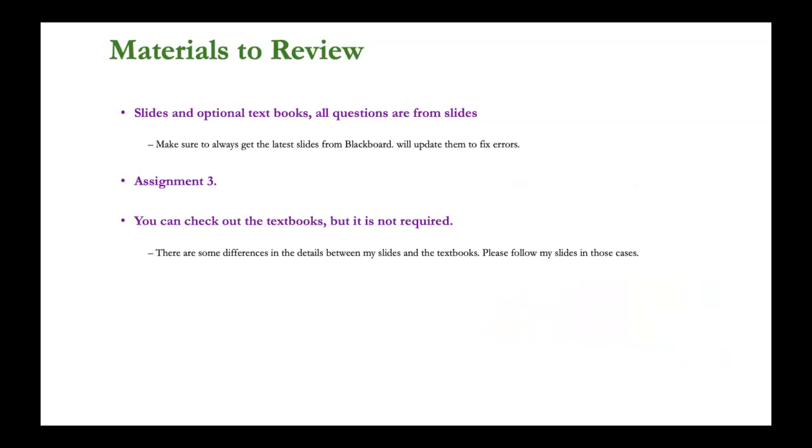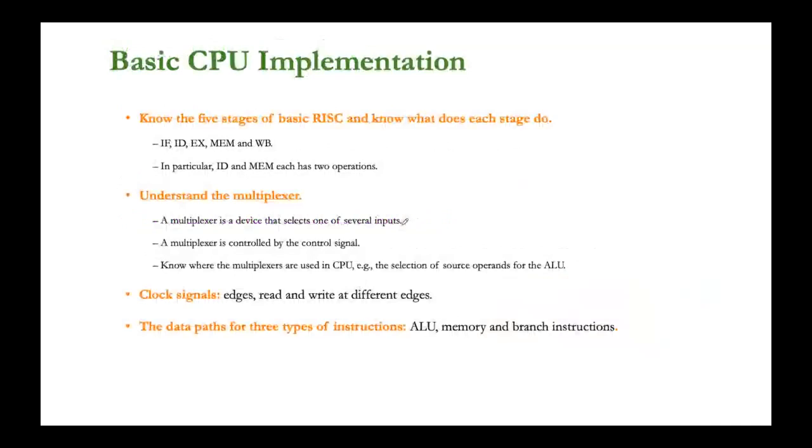Yeah, so next, we'll move forward. You can check out the textbooks, but it is not required. There are some differences in the details between my slides and the textbook, but please follow my slides in this case. The first type of questions covers your basic CPU implementation.